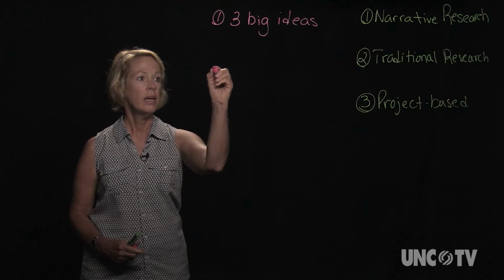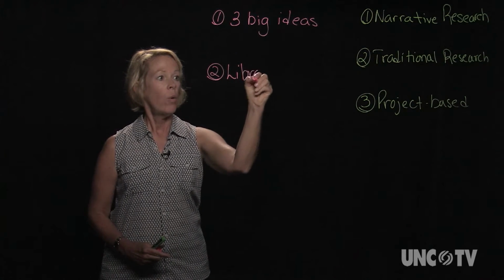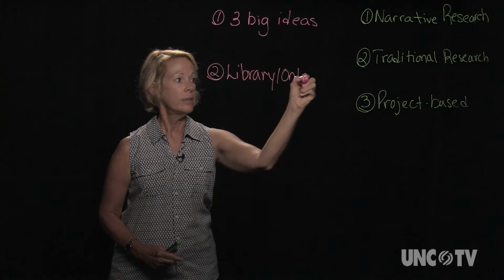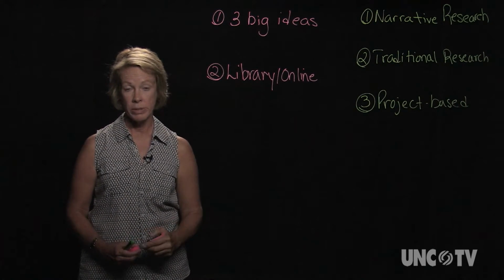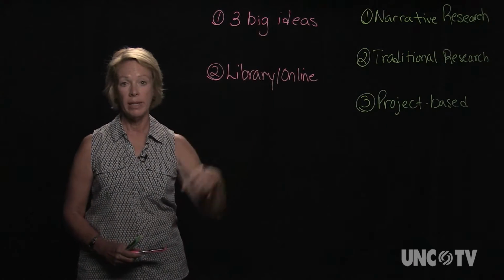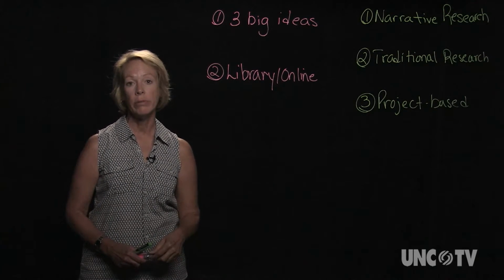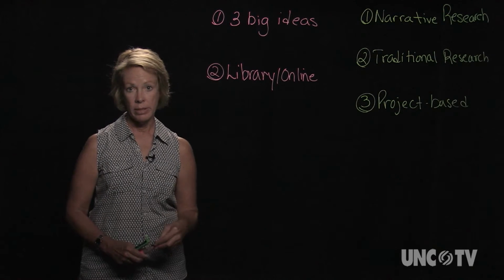The second thing I want you to do is go to the library or get online, do some online searches, and make sure you're using research-based scholarly websites and find out what's going on with these 3 big ideas. So when you go see your advisor, you have some background information and you know what other people are saying about these ideas.